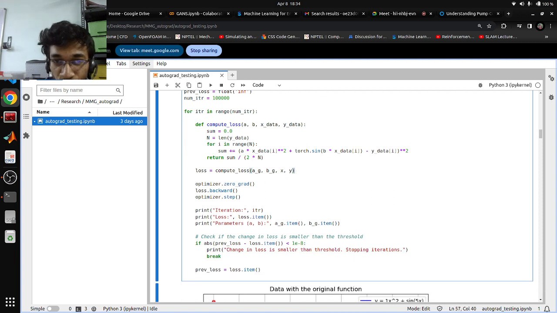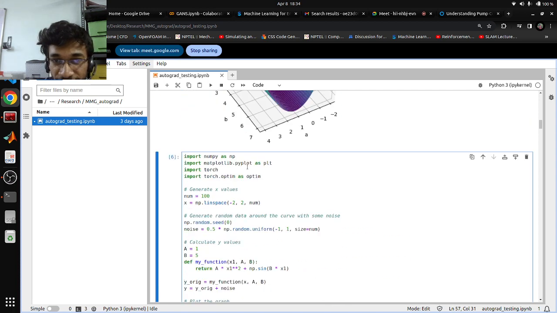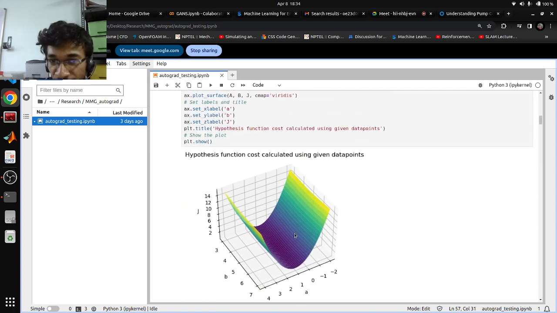Now this loss that you have calculated is some function of ag and bg. X and y you can assume to be constants for this particular loss function, as I did here. So this loss function is actually a function of a and b.